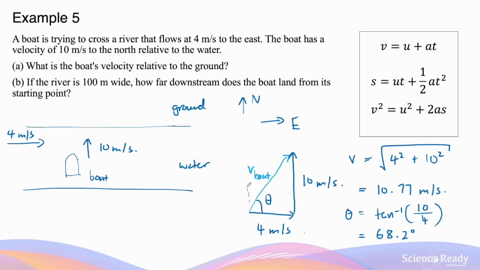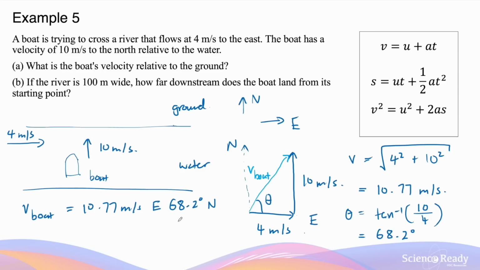So recall that the vertical vector here represents north, the horizontal vector here represents east. So my velocity of the boat relative to the ground is equal to 10.77 meters per second east, 68.2 degrees north.